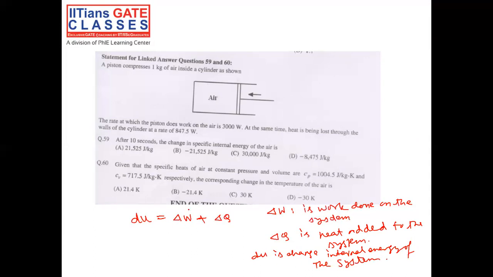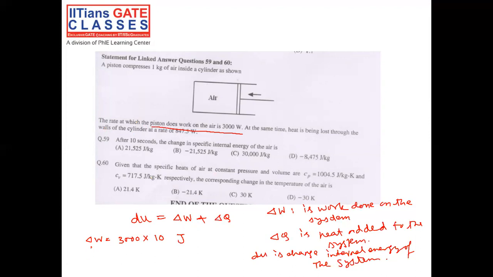Now here the piston does the work at 3000 watt, which means delta W is 3000 watt, and the work is being continuously done for 10 seconds. So total work done will be multiplied by 10 joule.